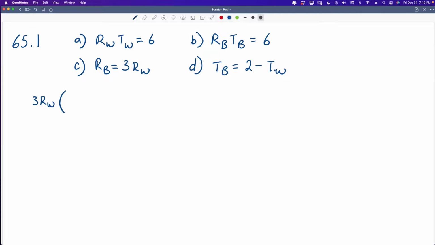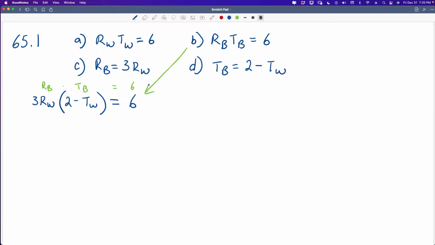Now TB, this is the value of TB, 2 minus TW. So 2 minus TW. That's TB, and that is equal to 6. So as you can see, we use a different color. This was RB, and this is the value of TB, and they are times each other. So that's how we drop that in, right? That's our original equation right there.